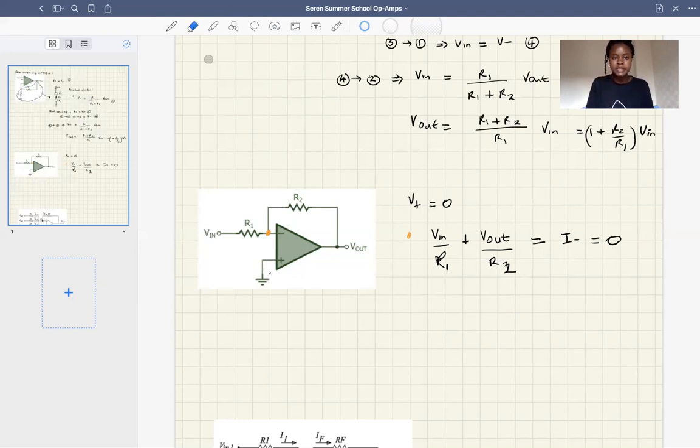If we then rearrange this expression, we can get V out is equal to minus R2 over R1 times V in, just by rearranging the top there. Sorry, this is rather slow.